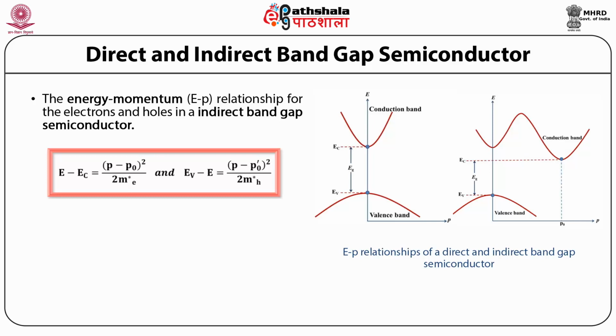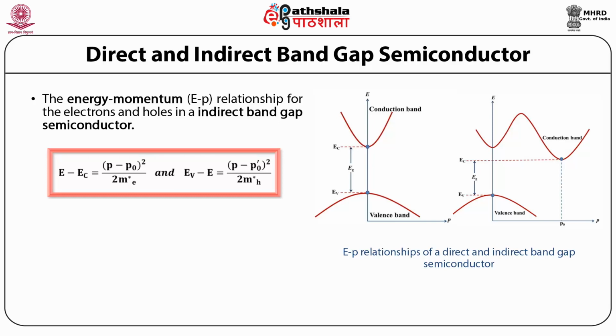Similarly, for the holes near the maximum of the valence band, the energy and momentum relationship can be written as EV minus E is equal to P minus P naught prime the whole square divided by 2 m h star.